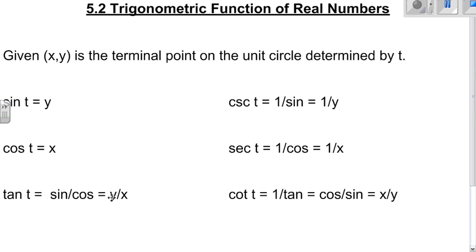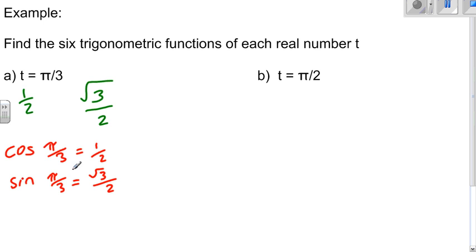Find tangent, that's sine over cosine. So that'd be square root of 3 over 2 over 1 over 2. Flip the 1 over 2 upside down, and you're just left with square root of 3 over 1, which is square root of 3.